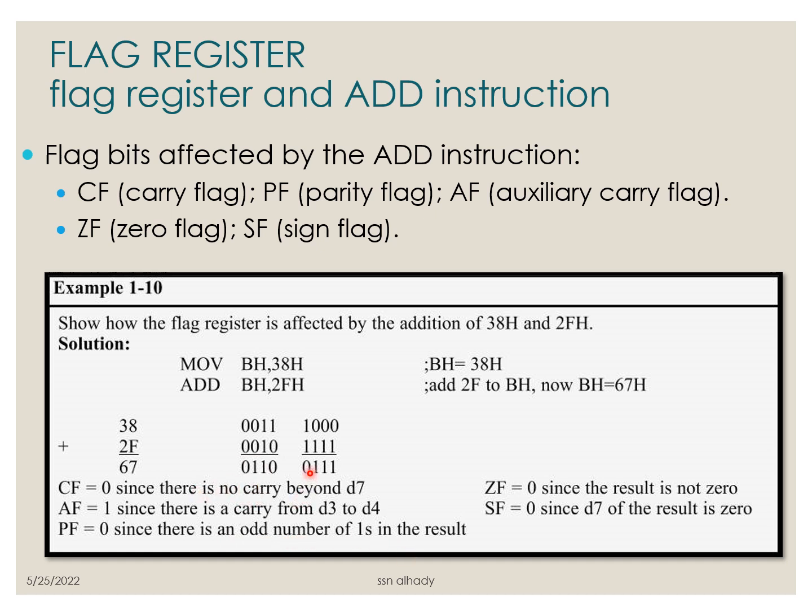If you look at the result, there are 5 ones, so it is an odd number. The zero flag is cleared since the result is not 0. And the sign flag is 0 since D7 of the result is 0. This is one example of the flags being used in the add instruction.